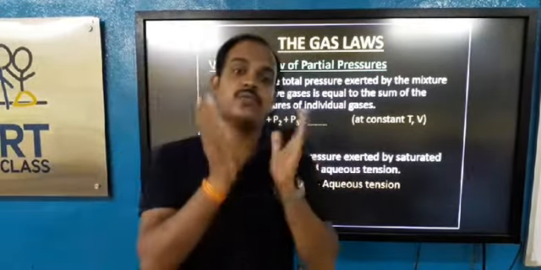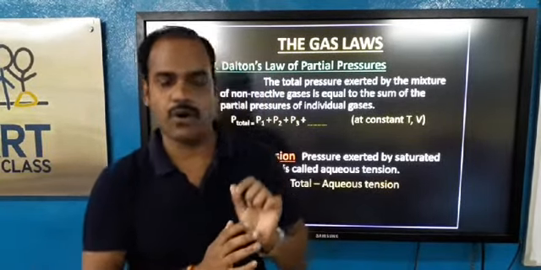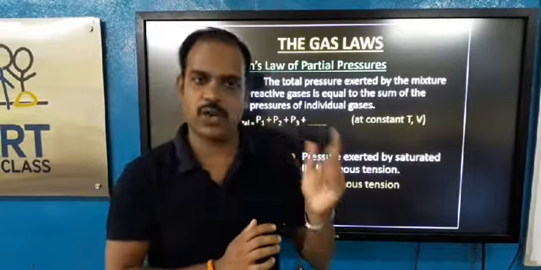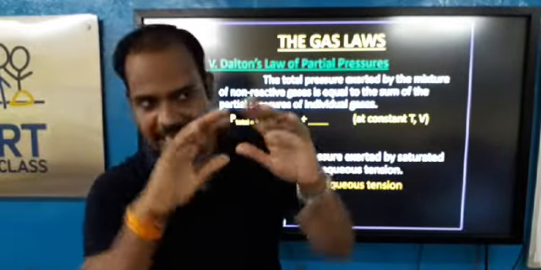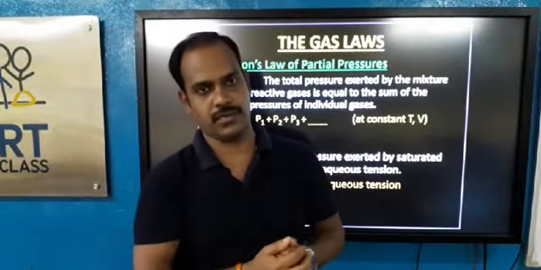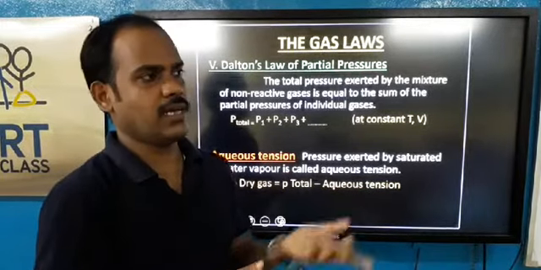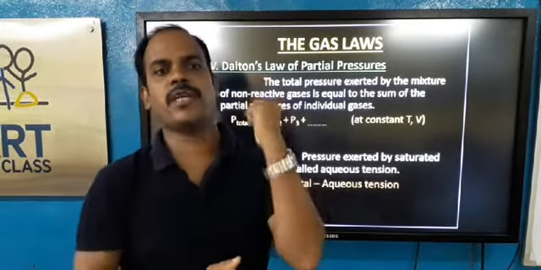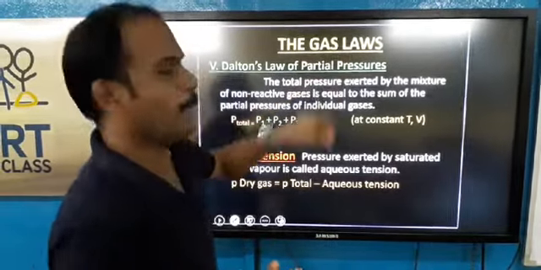So the pressure of the container will be equal to the pressure of oxygen, pressure of nitrogen and pressure of hydrogen. If you add the pressure of all these 3 gases, you can find the total pressure. It means total pressure is equal to the sum of the individual pressure of gases, and that individual pressure is known as partial pressure.